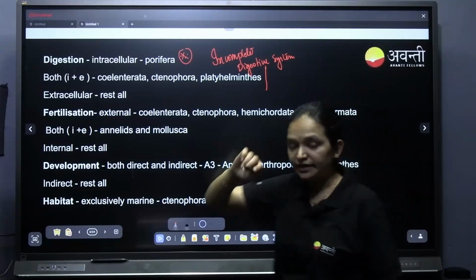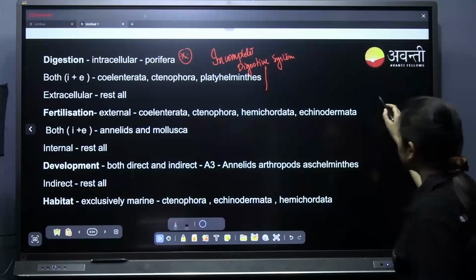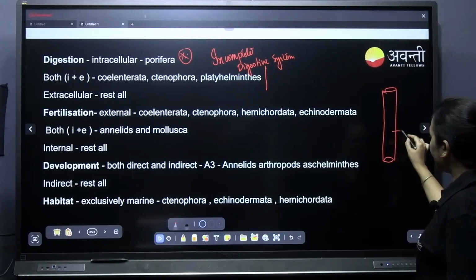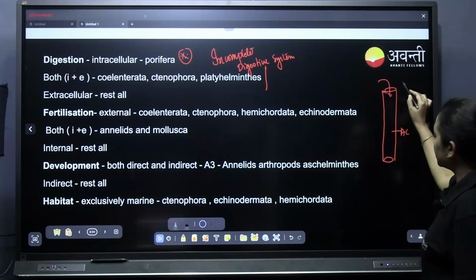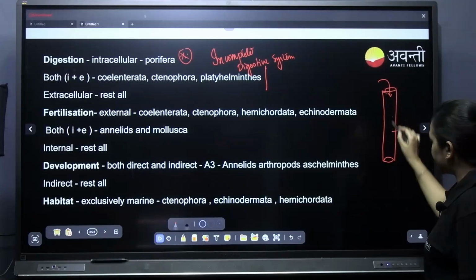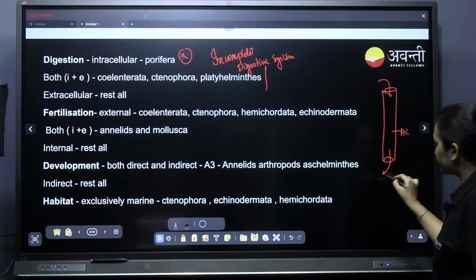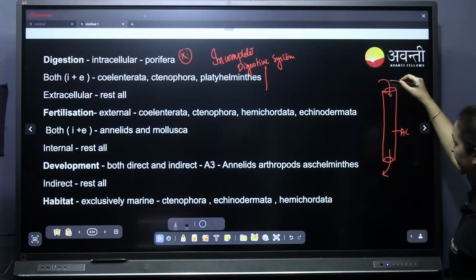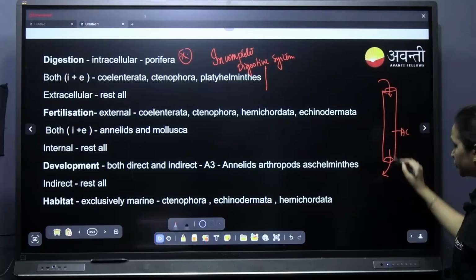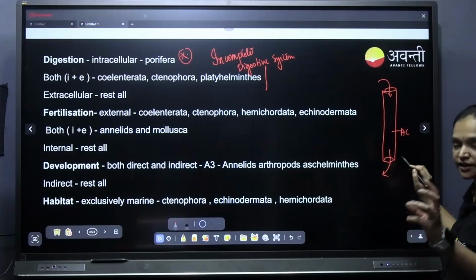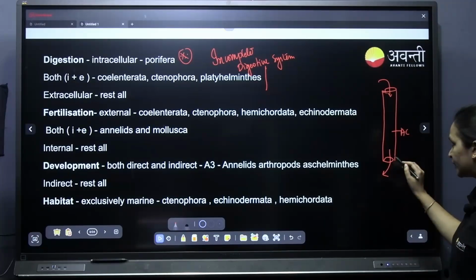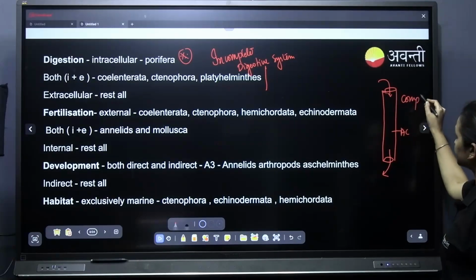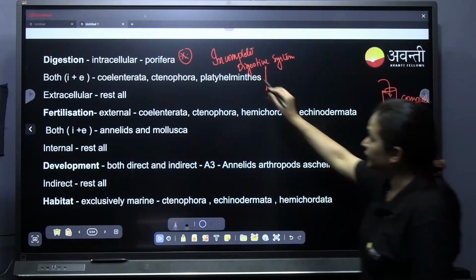In many higher organisms there will be two pores. If this is the alimentary canal, this opening we call the mouth, digestion takes place in the alimentary canal, and the food goes out from another pore. So there is one pore for the entering of food, and another pore for the excretory materials to go out. This we call complete. There are two pores. But what about incomplete?